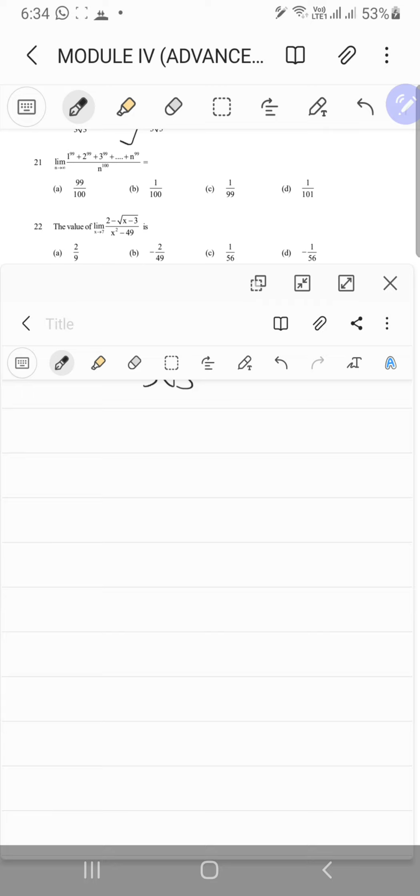Is it raised to n power? I don't think that's going to be fine. So the limit as n approaches infinity of this thing, the last one is obviously approaching 0. Yeah, but I'm not getting anything from this question.